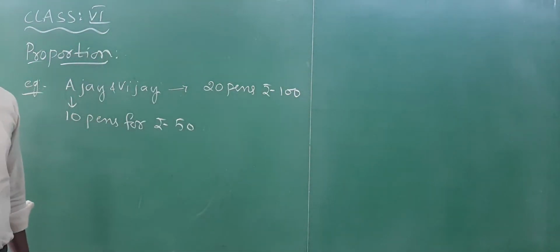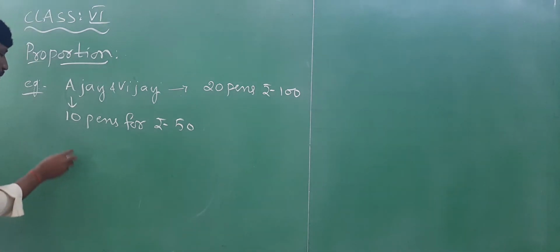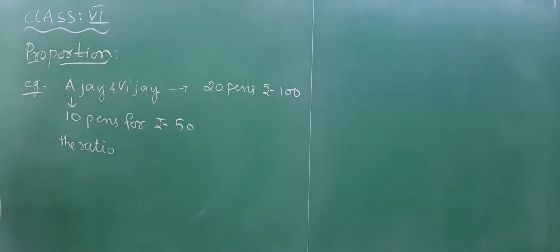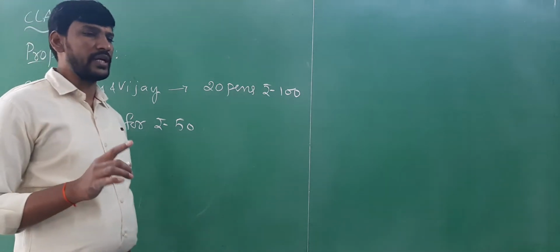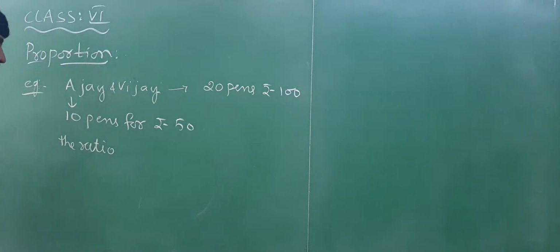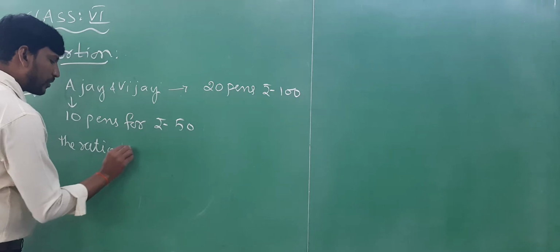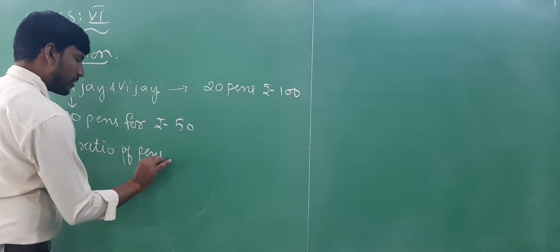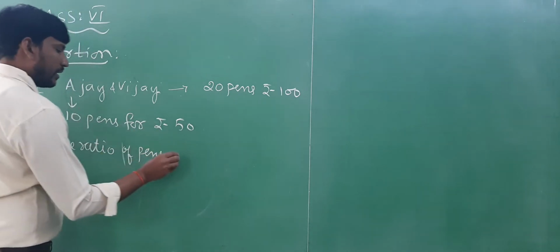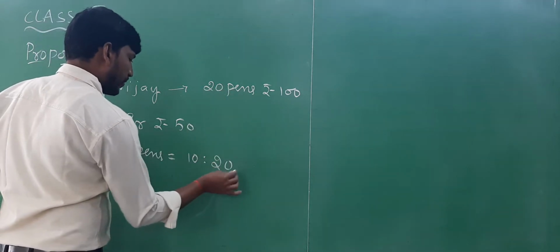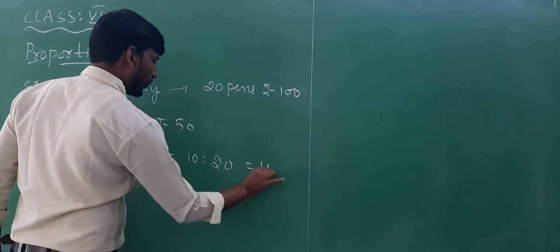Whether both are in the same ratio, let us find out. How to find the ratio? I told you we can find the ratio only if both quantities are in the same unit. So the ratio of pens, Ajay's pens are 10 and Vijay's are 20, which is nothing but a 1:2 ratio.